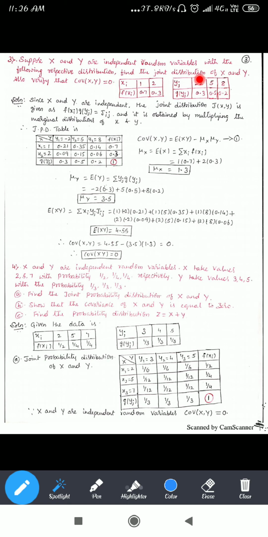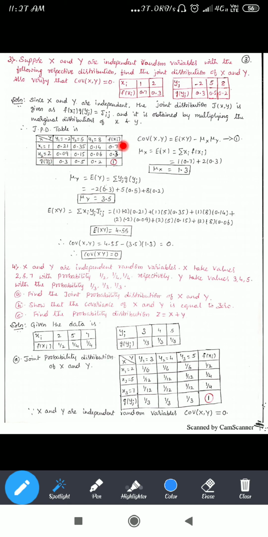Dear students, first write down x values, that is 1 and 2, horizontally write down x is equal to 1, x is equal to 2. Next, vertically write down y values, that is minus 2, 5 and 8 here. Three values and three values. Now, write down this f of x and g of y.